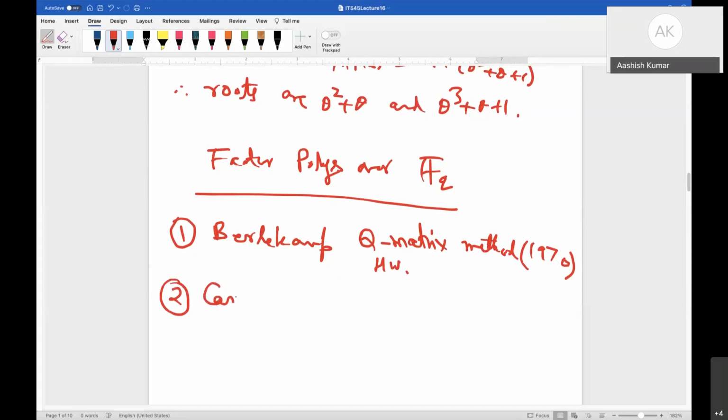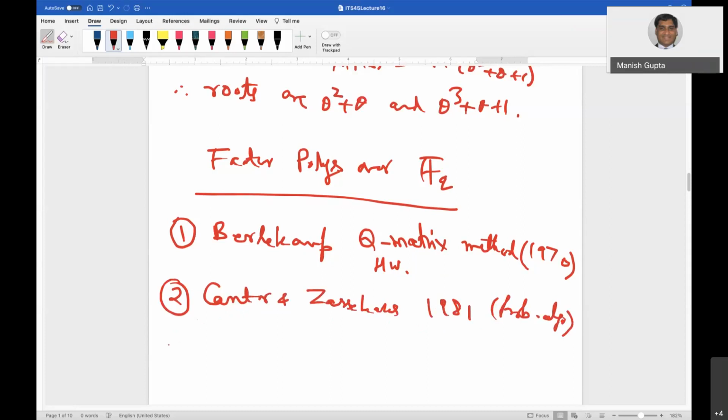The second is an algorithm given by Cantor and Zassenhaus in 1981, and this is also a probabilistic algorithm. This is one of the main algorithms, and it works in three steps.